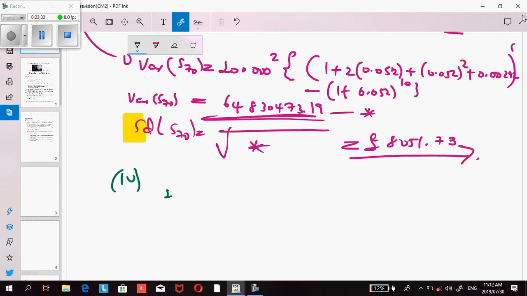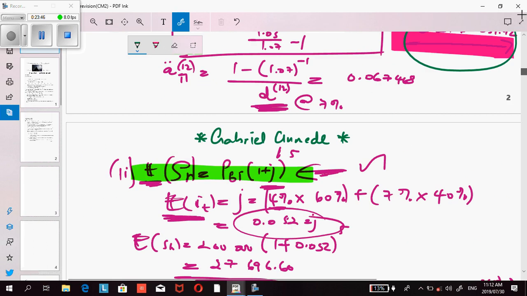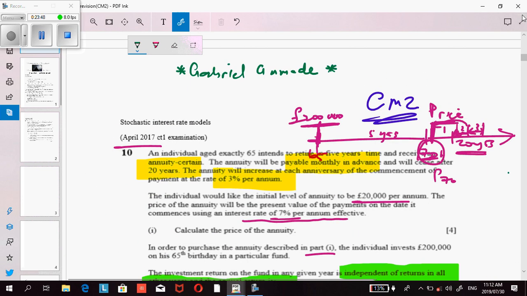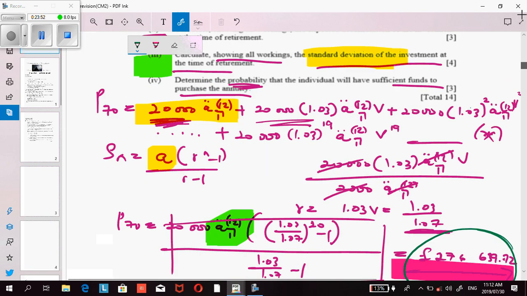So I'm investing £200,000 at age 60. I'm going to accumulate this for 5 years at 4%. Remember, don't get confused, 5 years till we purchase our annuity.